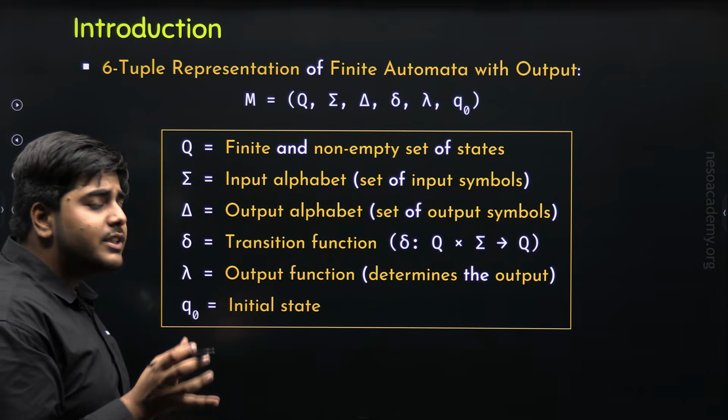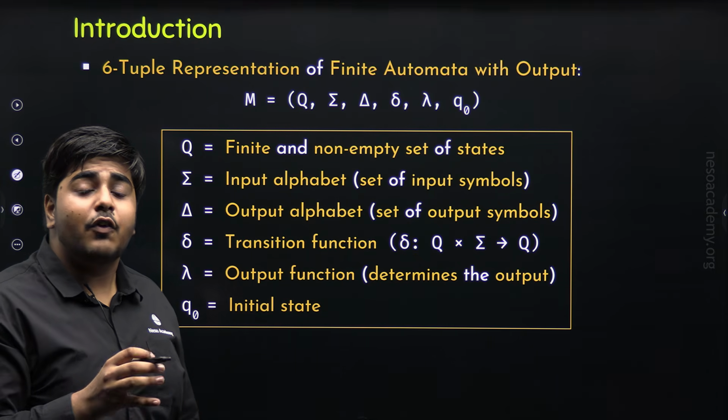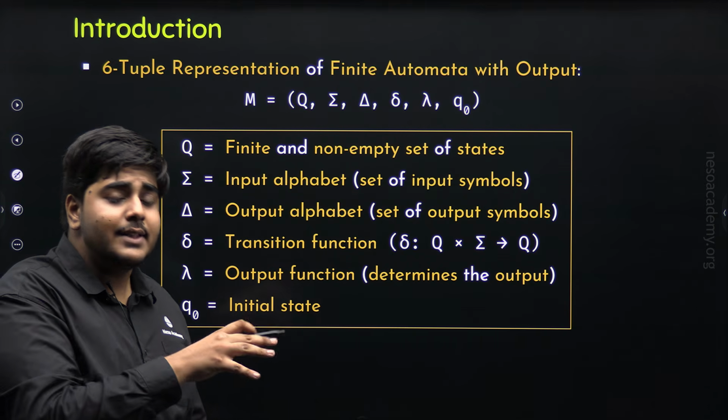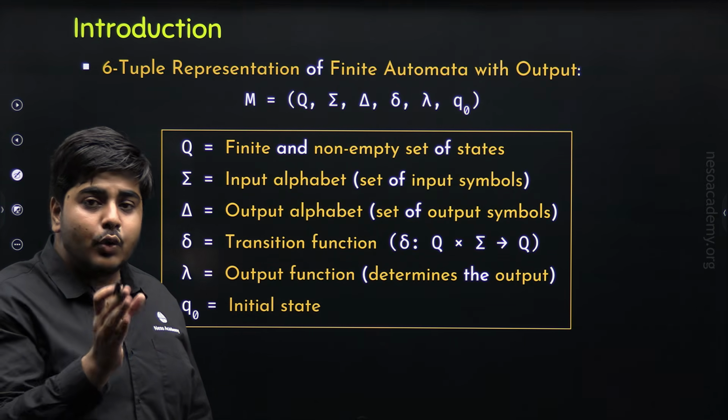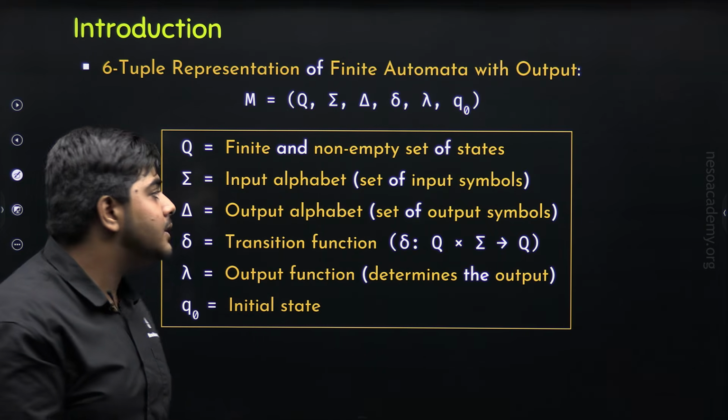Whatever input symbols we have in our transition diagram that are responsible for the changing of states from one state to another state, those are called input symbols, and the set of such input symbols is called the input alphabet.